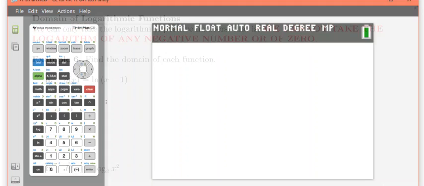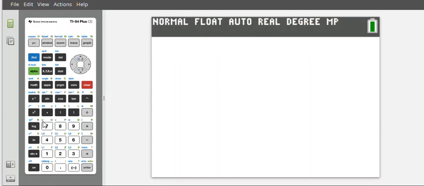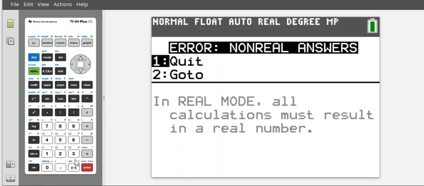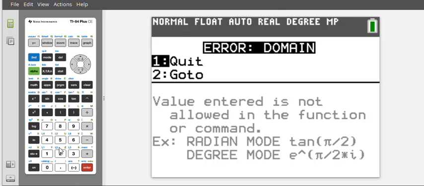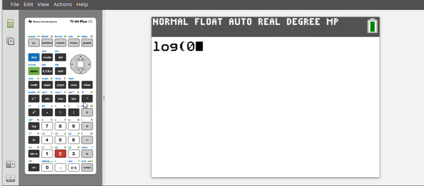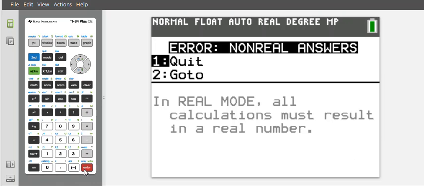If you go to a calculator and just try taking logarithms of negative numbers, watch what happens. Log of -3, you get an error. It says it's not a real answer. If I do the log of 0, same thing. I get an issue. If I do this with ln, the natural log of -9, can't do it.